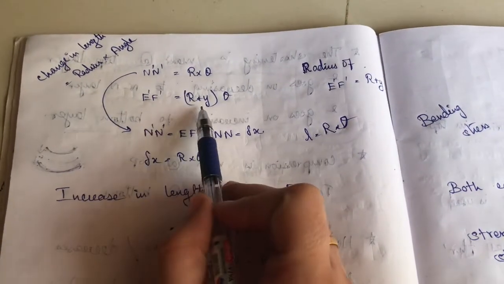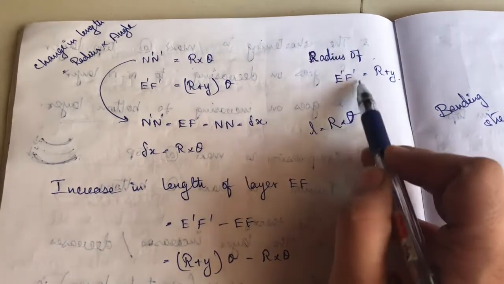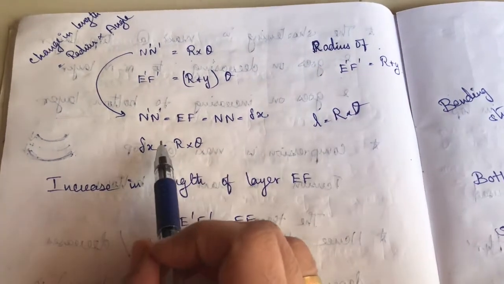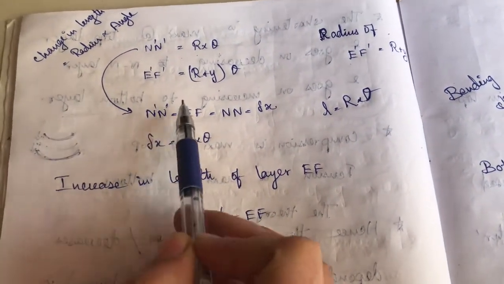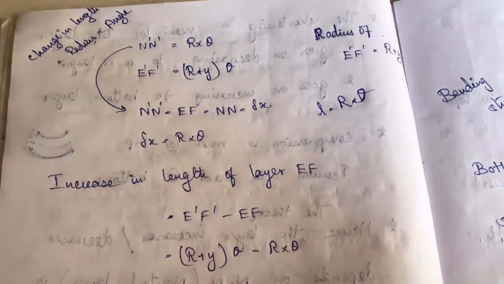You can see here E dash F dash will be equal to R plus y into theta, because the radius of E dash F dash is R plus y. So we can easily write N dash, EF, NN, it's all the same, which is equal to del x.